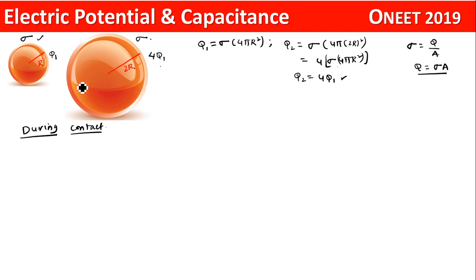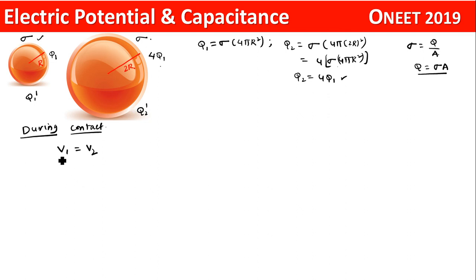When you bring them into contact, charge flows from one sphere to the other until both of them have the same potential. So the charges will no longer be Q1 and 4Q1; they will be different, Q1 dash and Q2 dash, when they are brought into contact and then separated.